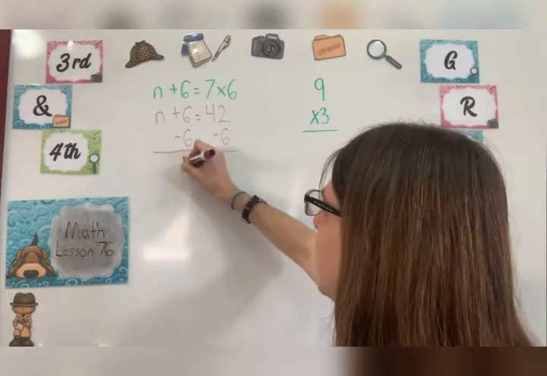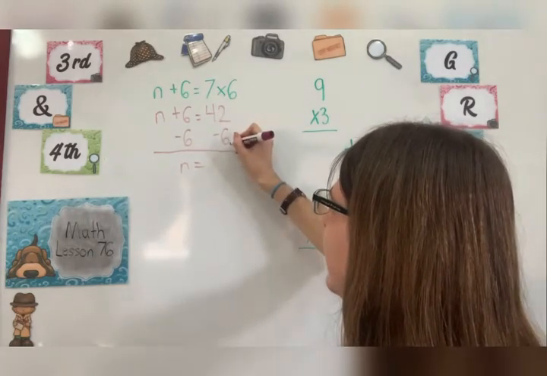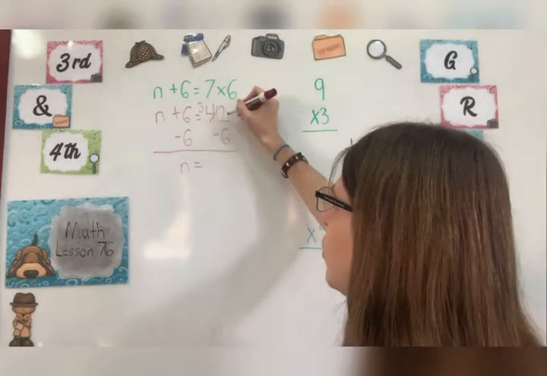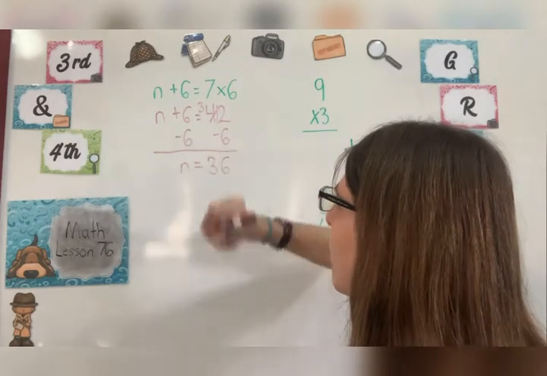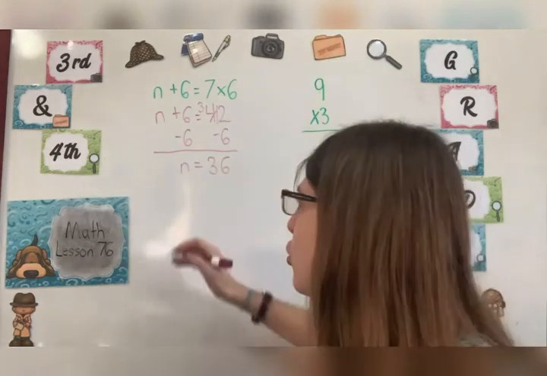So this leaves us with n equals 42 minus 6. Borrow. This becomes 12. 12 minus 6 is 6. And we bring down our 3. So n equals 36, but we need to check it to make sure we are right.